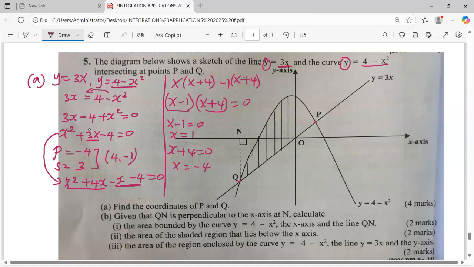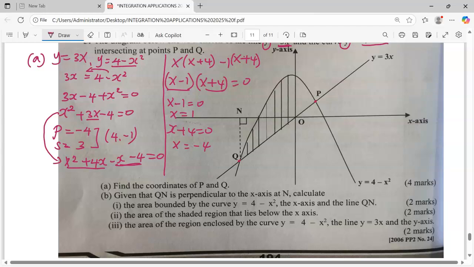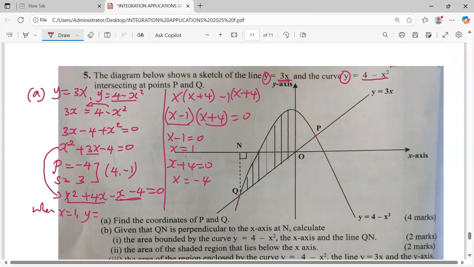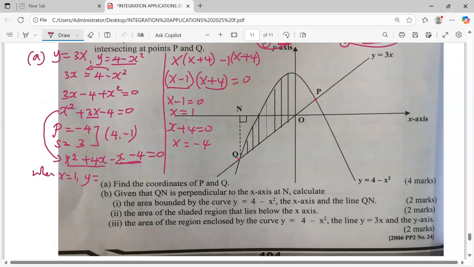Once we have gotten the two values of x, we can use them to get the values of y. Remember, when x is equal to positive 1, the value of y, you can either substitute it in this function here or in this line, such that y will be equal to 3 times x, and the value of x is 1, meaning y is going to be equal to 3.